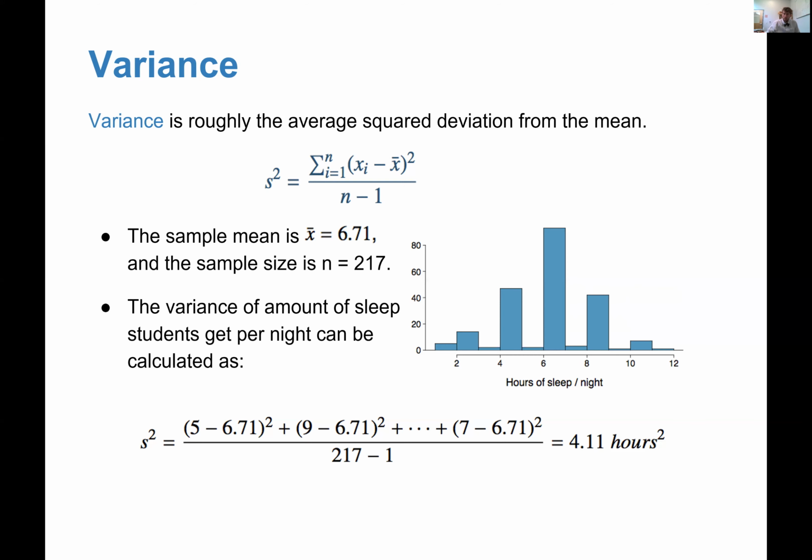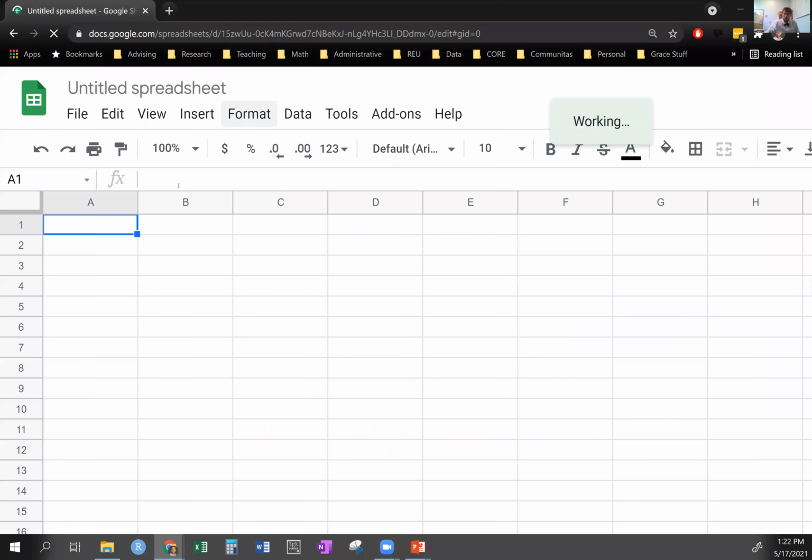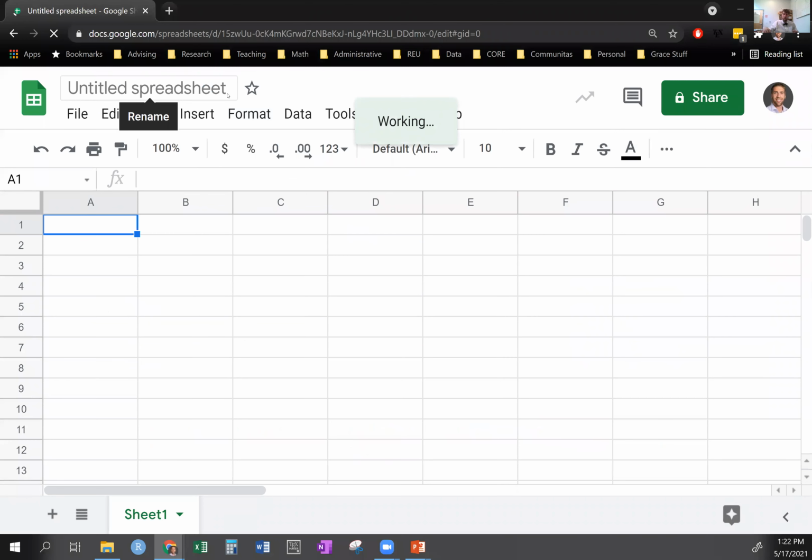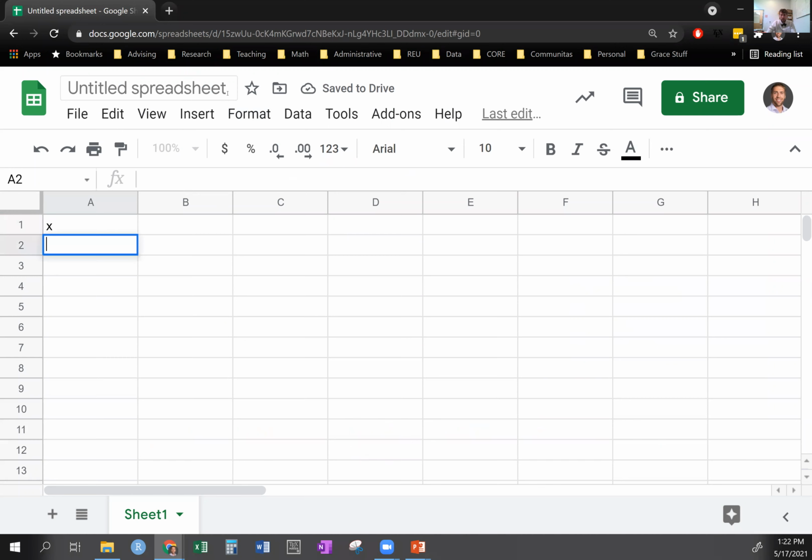So in this example, we'll use a spreadsheet to look at the variance of something. Let's come up with some numbers. This will be X. X will be 7, 3, 1, 2, 5, 6.